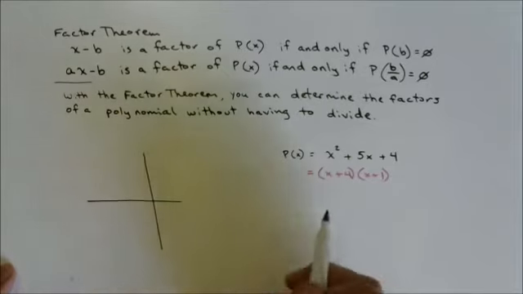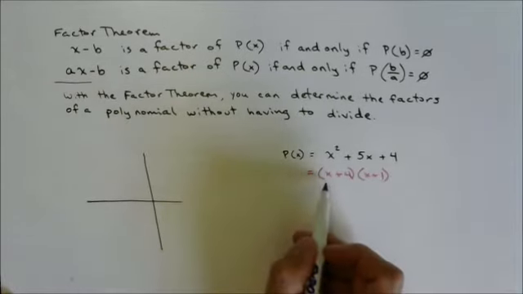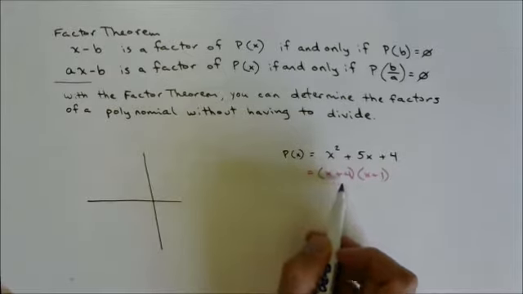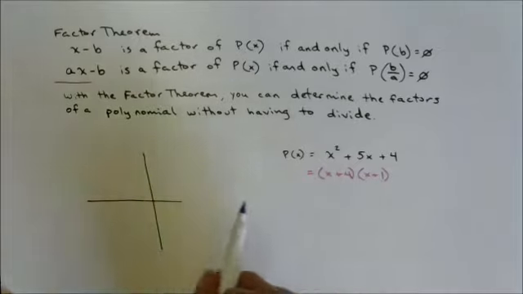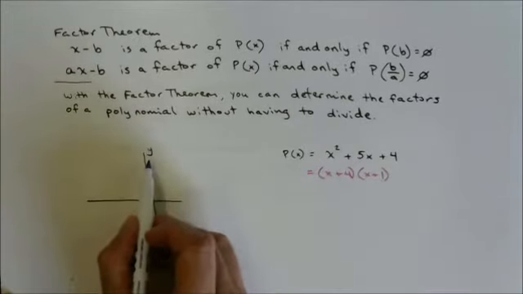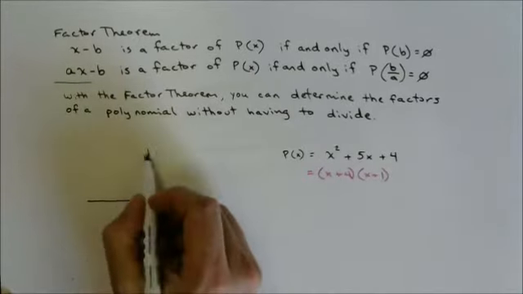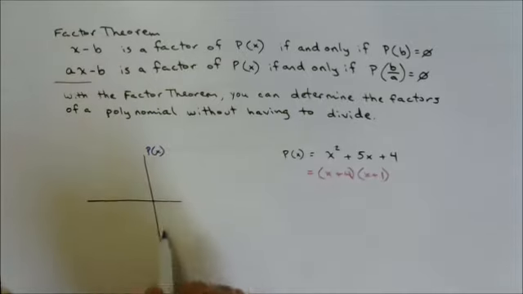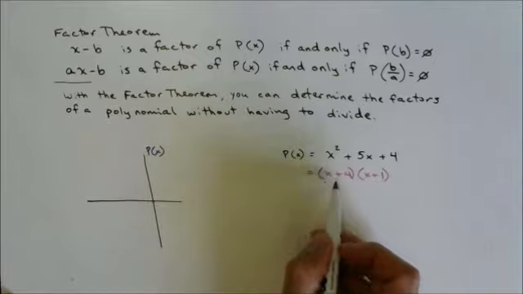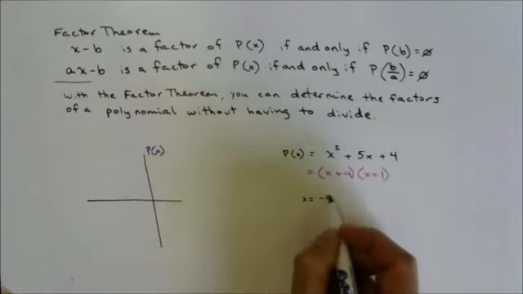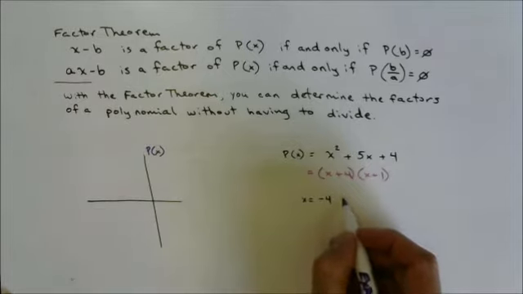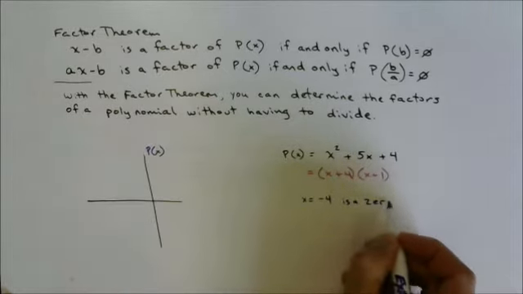Basically what it says is that if you were to put a negative 4 into this equation for x, you would find a 0. What does that mean? Well, it's where the value of the function, p of x, is 0. So x plus 4 is a factor, and x equals negative 4 is a 0.